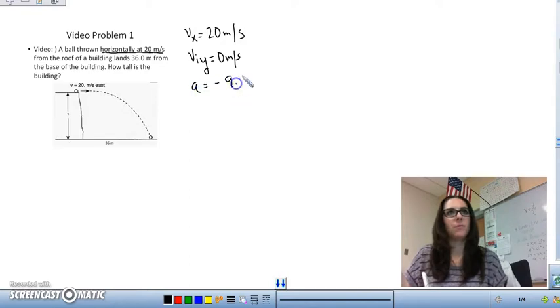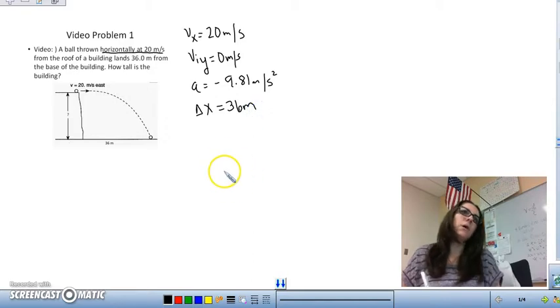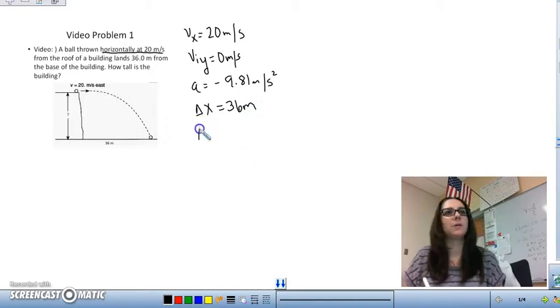This is being thrown, so we can automatically assume it's 9.81, and that the acceleration is negative. Lastly, we have our range, our delta x, which is 36 meters. So our question is, how tall is the building? What's our delta y?